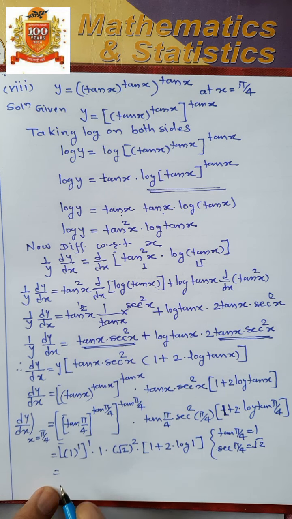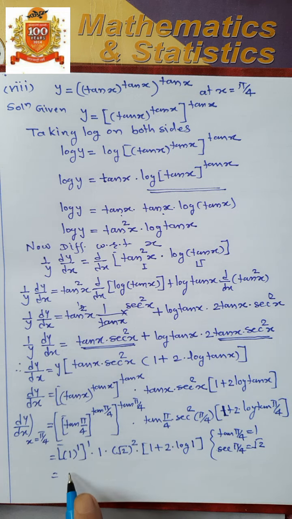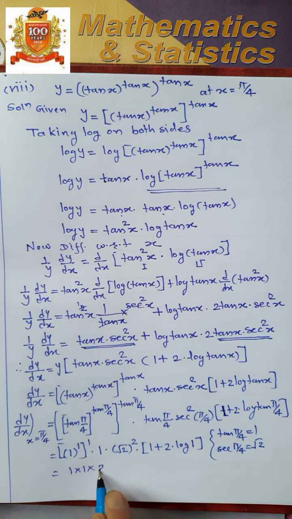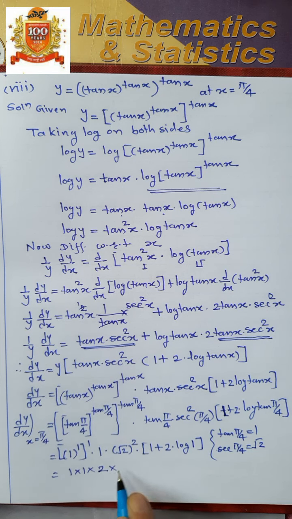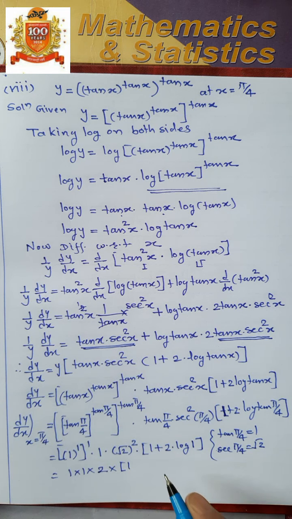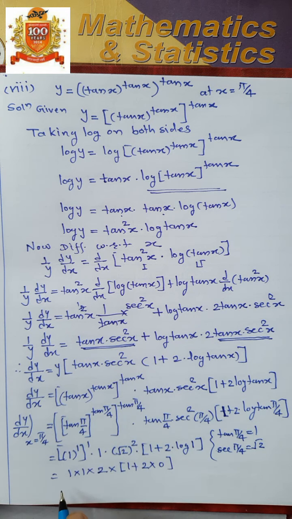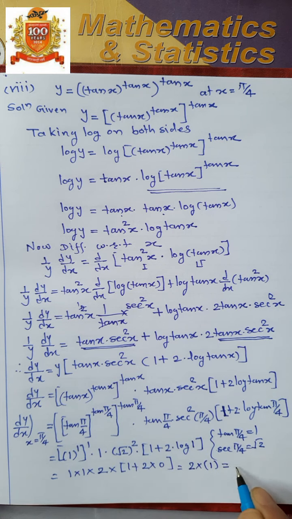Therefore we get value 1 into 2 into bracket 1 plus 2 into log 1 means 0, which is equal to 2 into bracket 1, which is equal to 2.